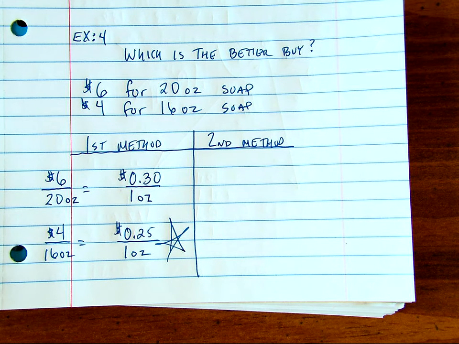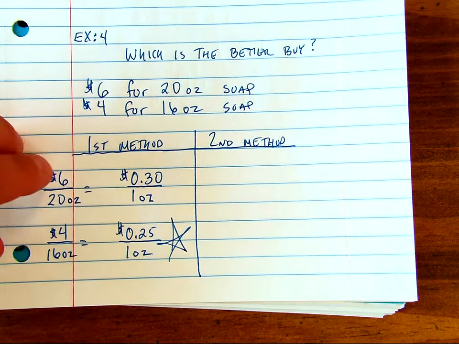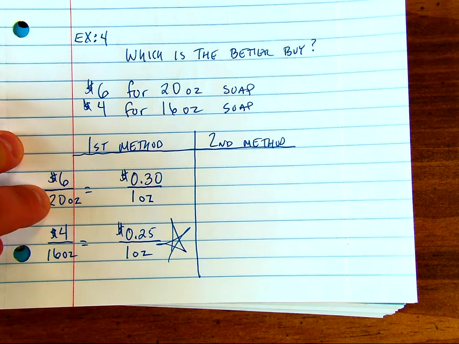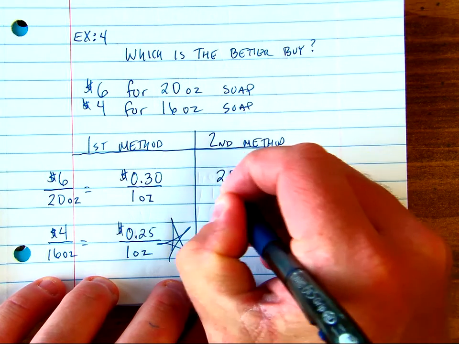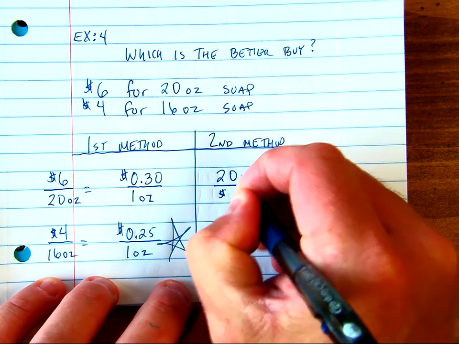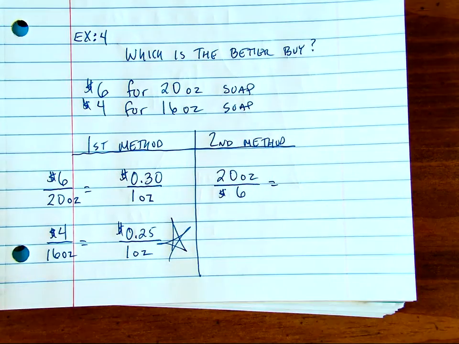Now, what's the second method, Mr. Meeks? Well, the second method is sometimes people don't put dollars over ounces. Maybe you decided to put 20 ounces in the numerator and $6 in the denominator. So help me out here.